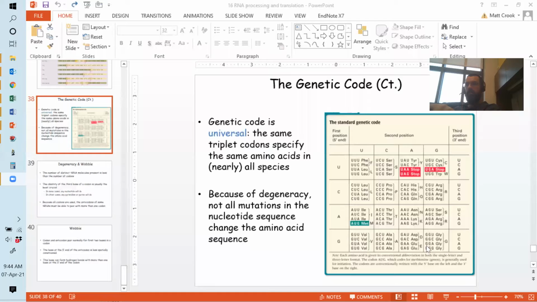So the third G is less important, particularly for glycine. Now, if I show you the codon table, if instead of recognizing GGG, that tRNA recognizes GGC, is that going to change what amino acid should be there?